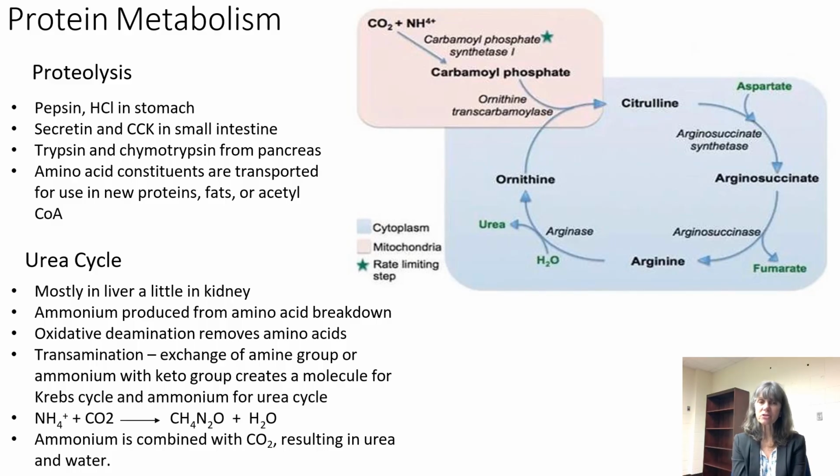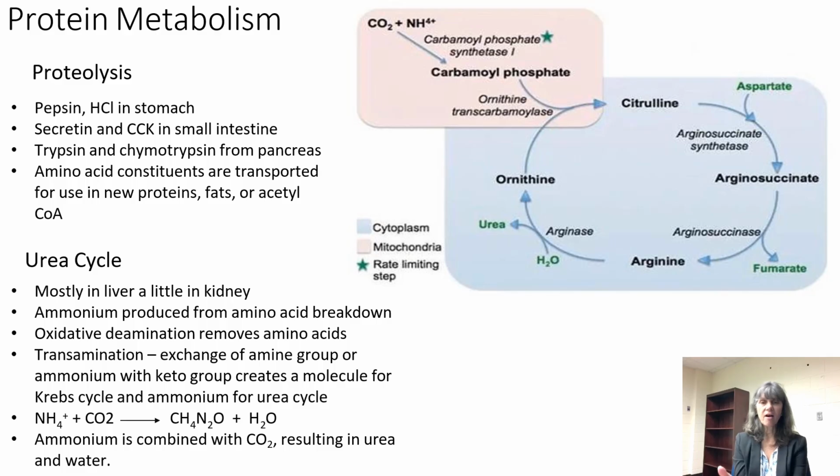We also have secretin and cholecystokinin in the small intestines that will help break down proteins, and trypsin and chymotrypsin from the pancreas can help break down proteins. When proteins are broken down, remember, the building blocks of proteins are amino acids. So the amino acid constituents of the proteins are going to be transported for use in making new proteins or for producing fats or acetyl coenzyme A.